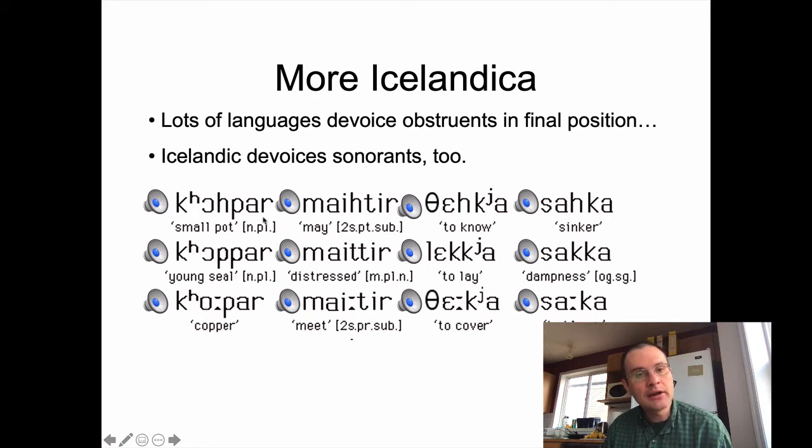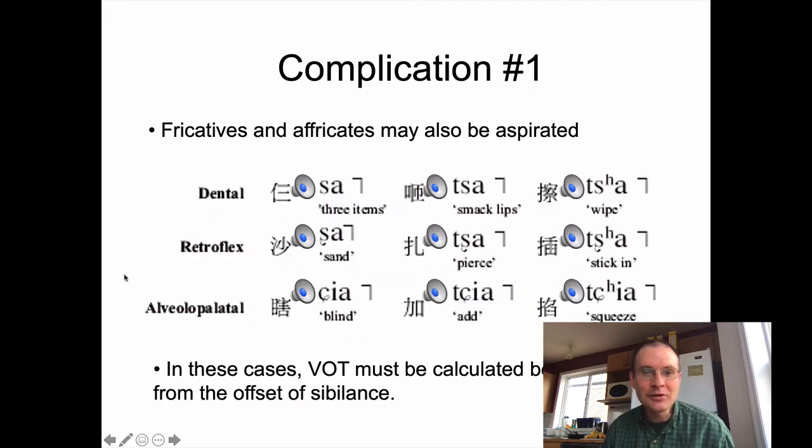We get this sort of pattern in Farsi, or Persian, as well, where they're going to devoice this alveolar trill. Koppar, mættir, þekkja. Oh, sorry, there isn't one there. Koppar, mættir. And maybe you can hear that. But these are nice because they have the pre-aspirated stops too. Yeah, so Icelandic is pretty cool.